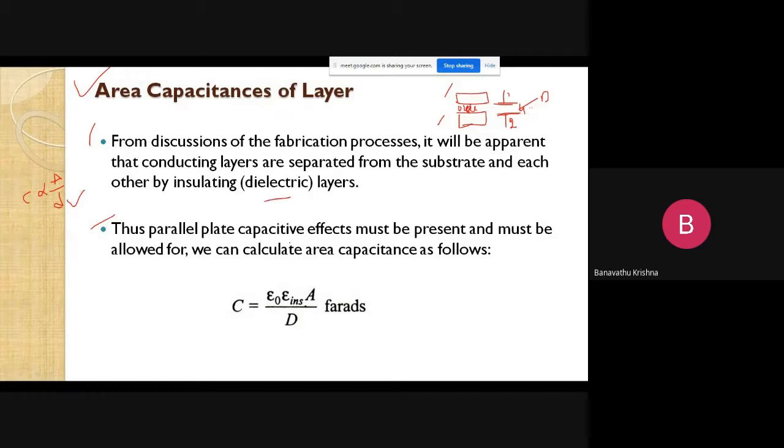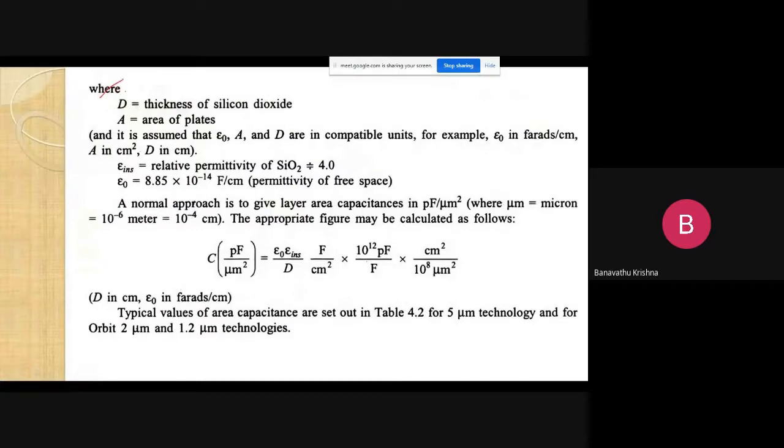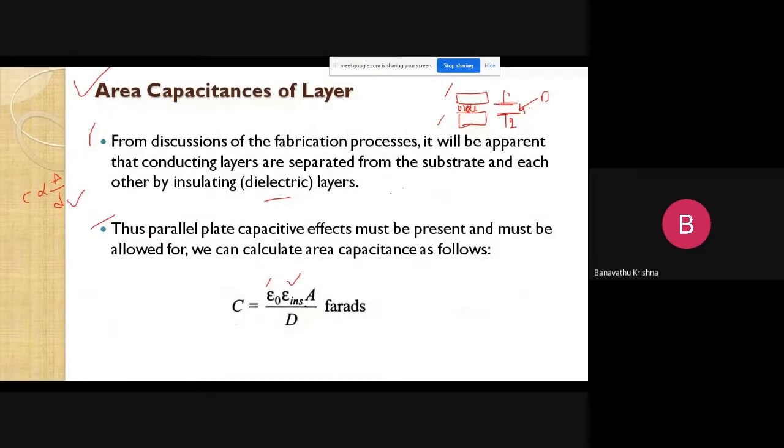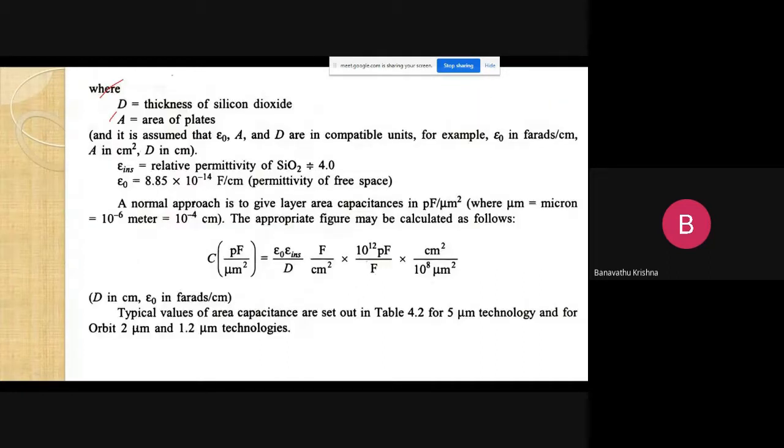We also need the permittivity of free space and the permittivity of the insulator. Finally, C equals epsilon insulation times epsilon naught times A by D, where D is the thickness of the silicon dioxide and A is the area of the plates. For simplification, capacitance is expressed in picofarads per micrometer square.